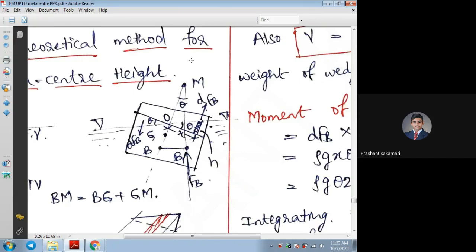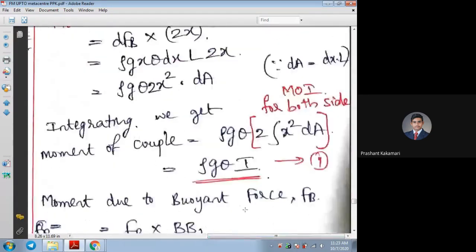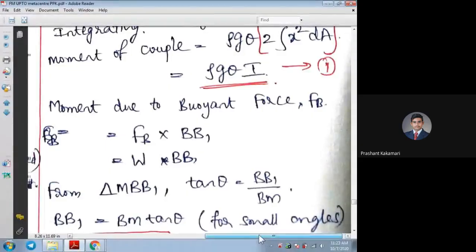Some relation is there between the center of gravity and metacentric height. So you can write tan theta. Opposite side is BB dash, adjacent is the metacentric point.